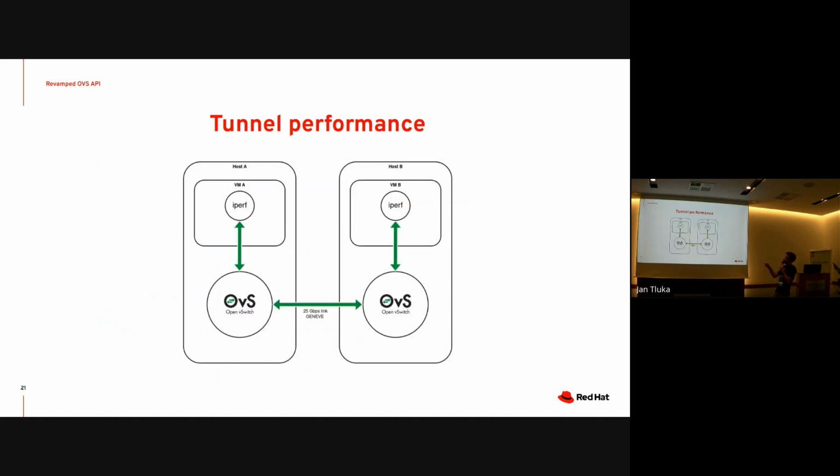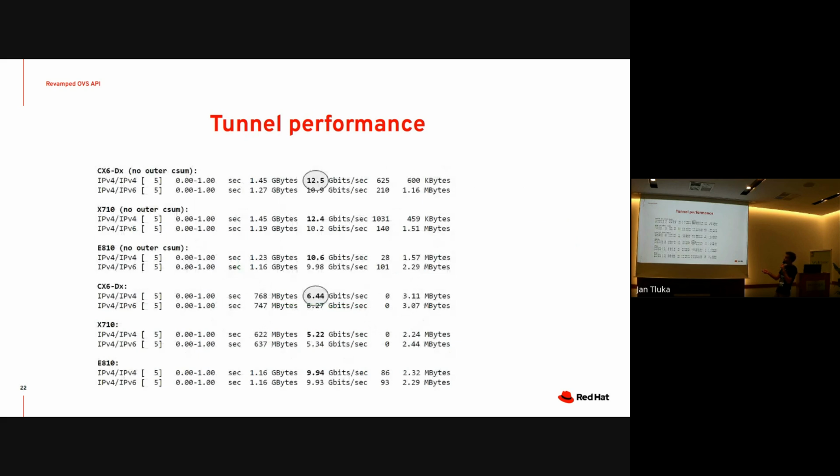As you can see, I'm sending packets from an iPerf to another one through a Geneve tunnel. So the numbers are not really stable because, I'll get to it later, of the way packets may be dropped on the receiving side.